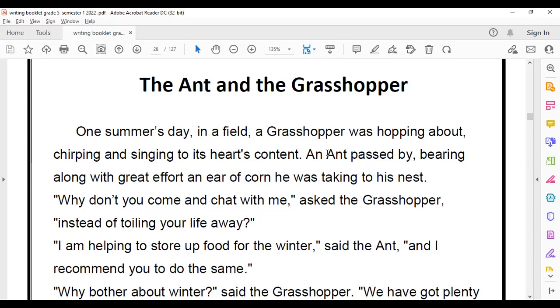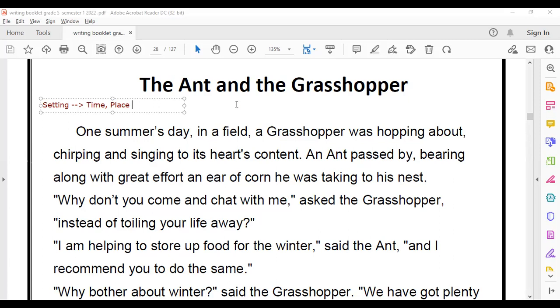What else? In a field. Very good. So let's all remember, guys, that the setting has two things: the time and the place.